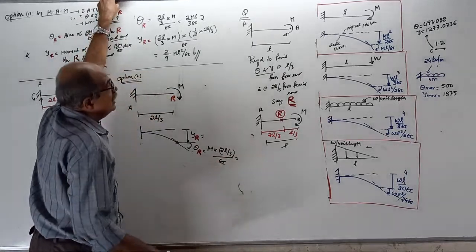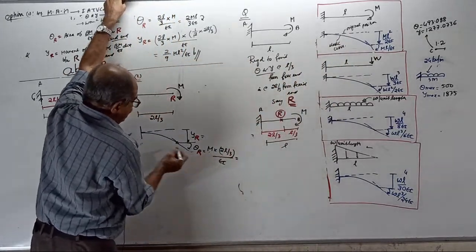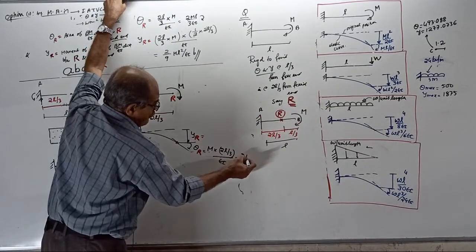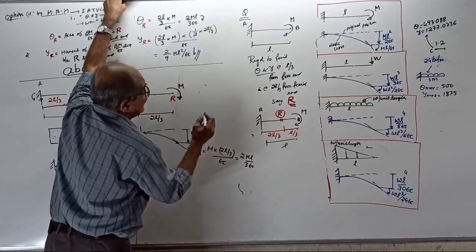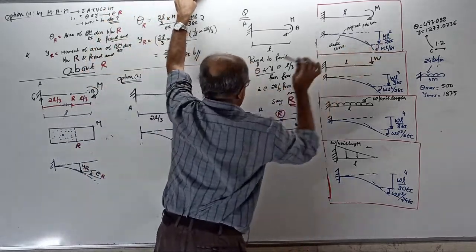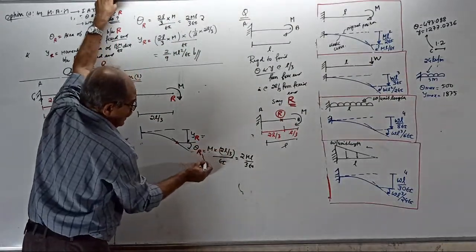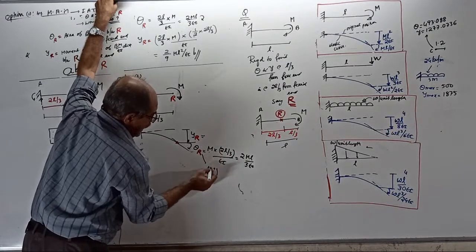Slope is ML by EI, so M into L, where this is your L. Answer equals 2ML by 3EI. Deflection equals ML square by 2EI.